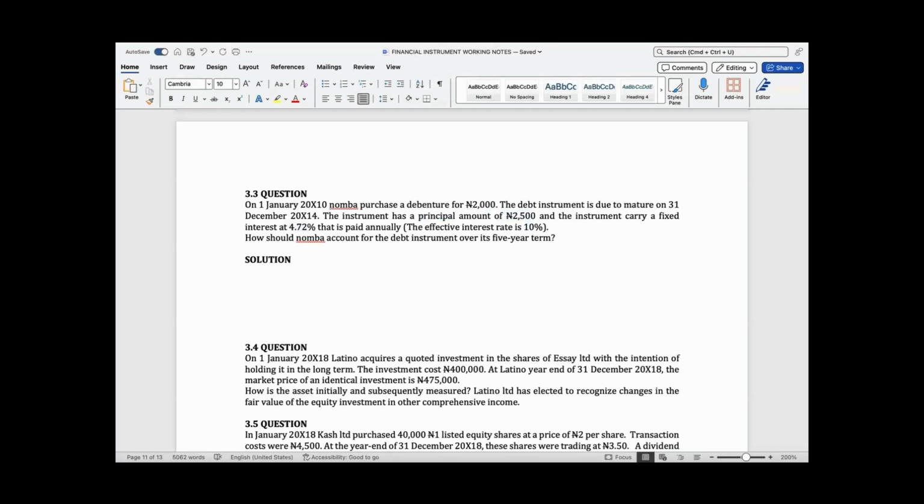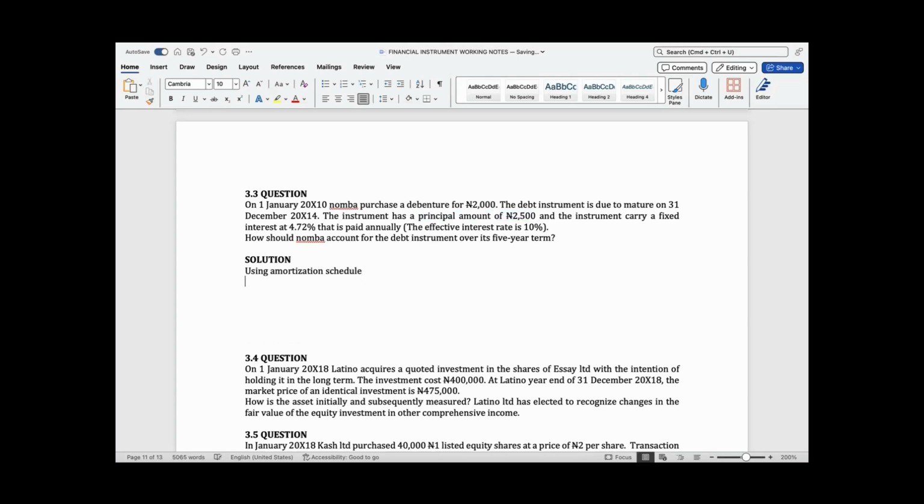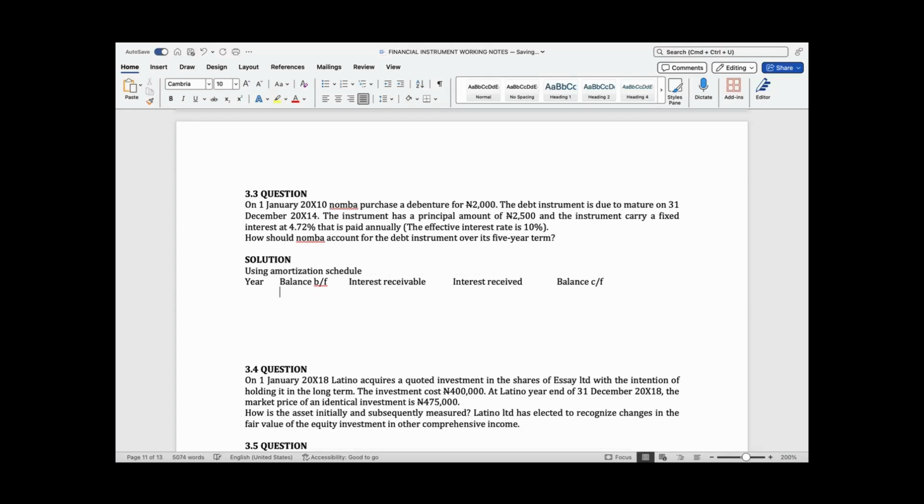Over the 5 years, your best friend in a question like this is always the amortization schedule. We're talking about a debt investment. So you have here balance brought forward, interest receivable, interest received, balance carried forward.